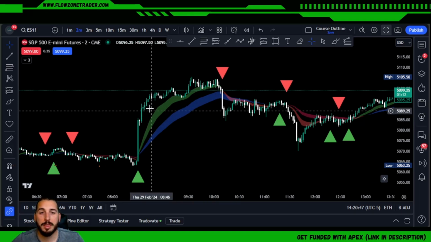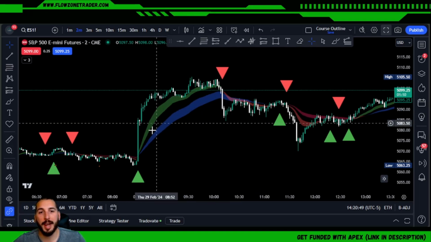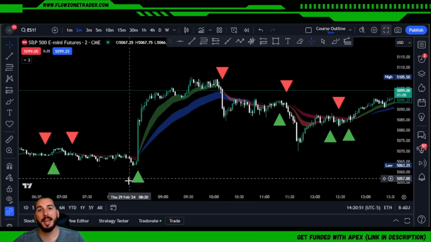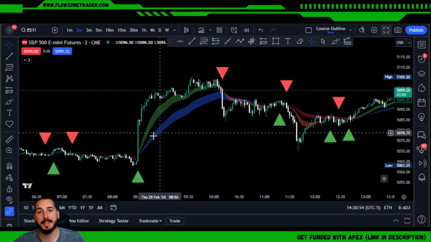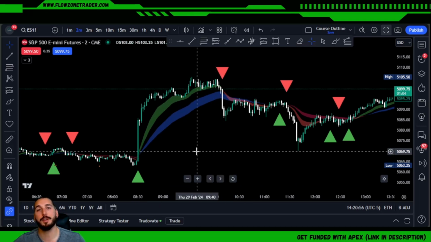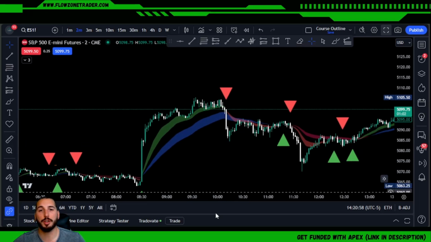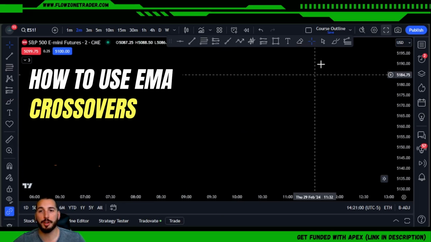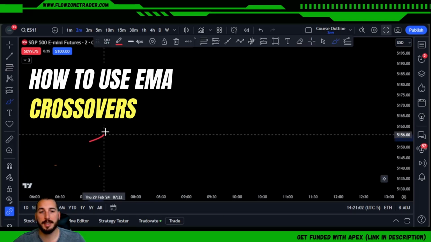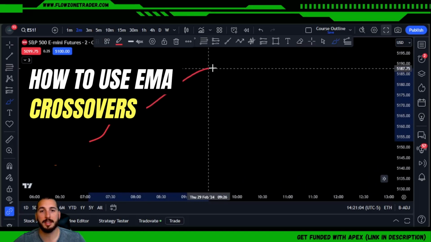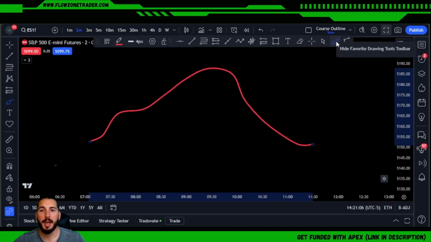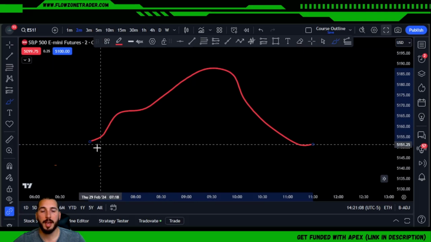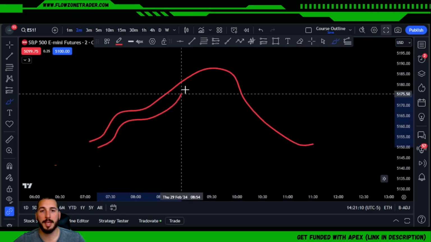So clearly, my 13 and 21 cloud is this green cloud, and my 34 and 50 cloud is this blue cloud. And the key thing we're thinking about here is crossovers. So what is a crossover? If we think of this as our fast EMA, this is the 13 EMA, and I'm going to draw another line, and this is going to be our 21 EMA.